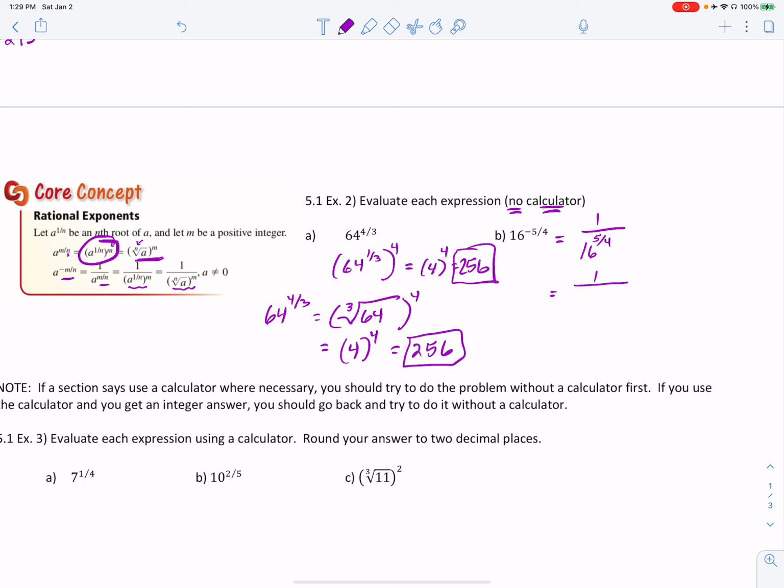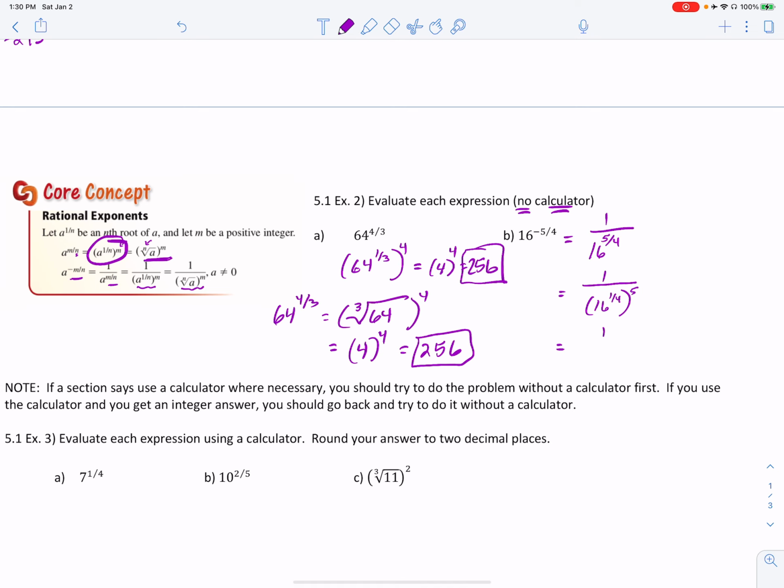I can think of this as 16 to the 1/4 raised to the 5th, or I can write it as the 4th root of 16 quantity to the 5th. And since 2 to the 4th is 16, the 4th root of 16 is 2. So I get 1 over 2 to the 5th, which is 1 over 32. And that's how you should leave your answer.